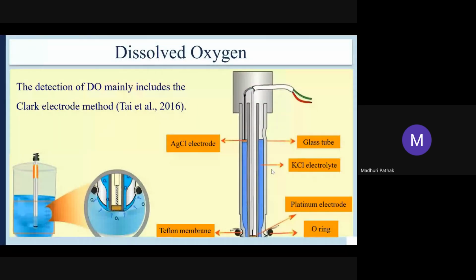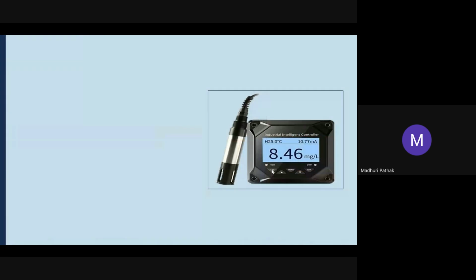The detection of DO mainly includes the Clark electrode method. You can see the electrode, which senses the dissolved oxygen by using a KCl electrode, an AgCl electrode, placed in a glass tube, and they have the capacity to sense the dissolved oxygen in the pond.